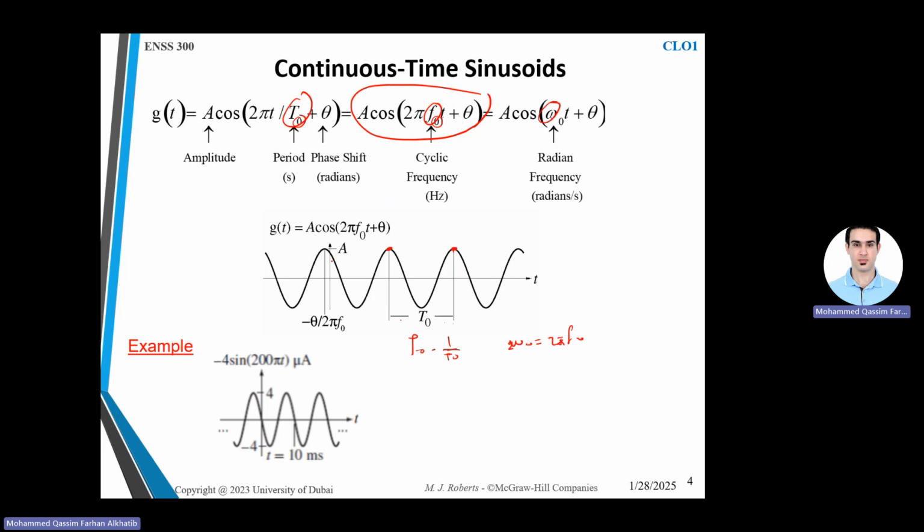Phase shift is basically the distance from the y-axis, and here's the distance. Now, whether the shift is left or right depends on the sign here. We'll see later what we call a translation.